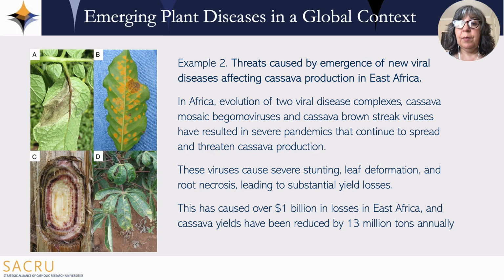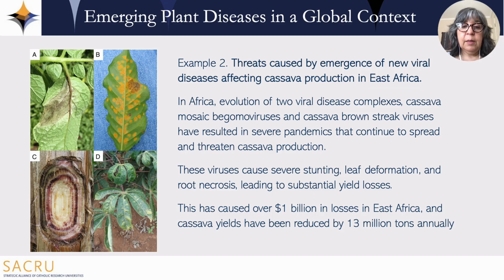These are the names of the viral agents. And the diseases that they cause result in severe pandemics that are continually spreading over the region. They mainly affect the root level, so the quality of the cassava that they can harvest is really low and almost impossible to consume.